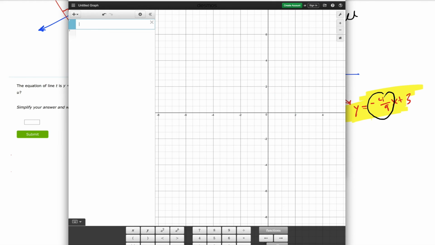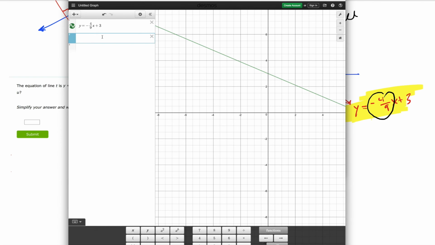So y is equal to -4/9 x plus 3. Okay. That's the first one, line T. All right.